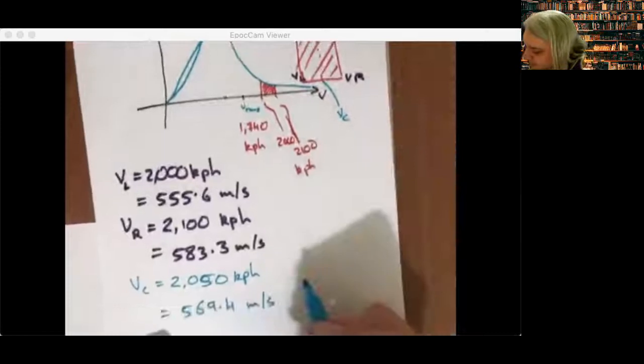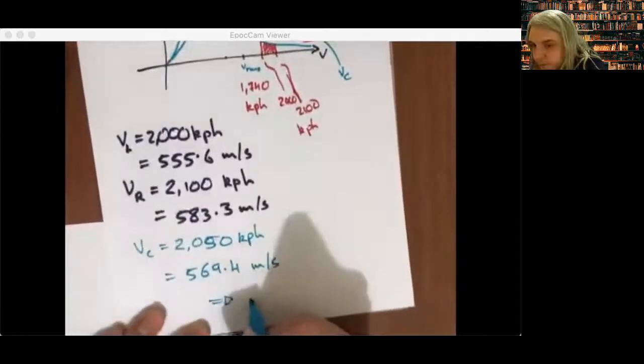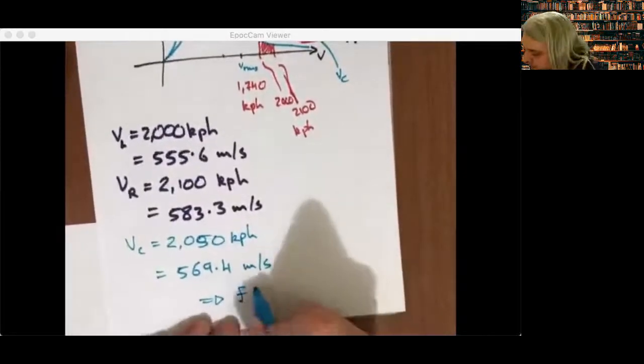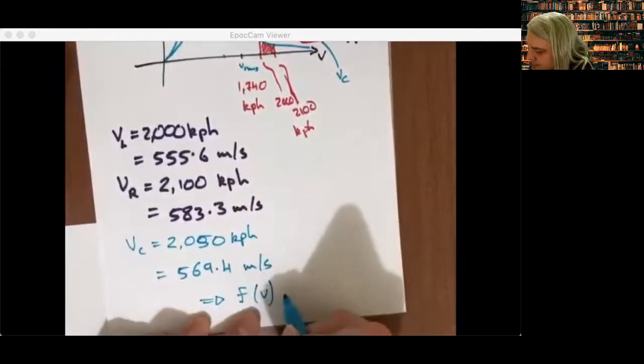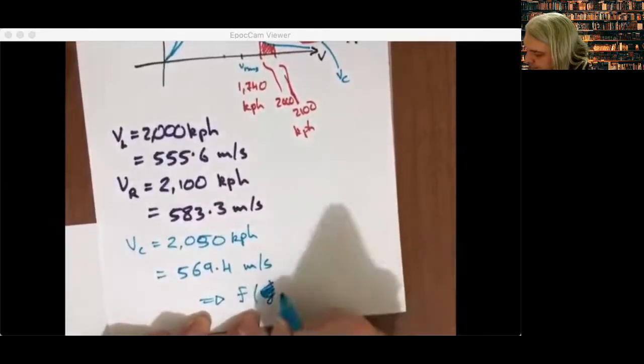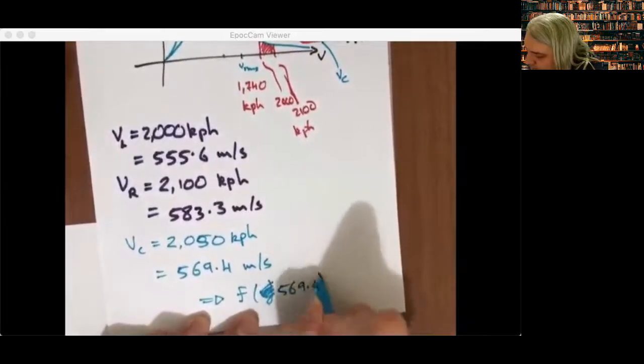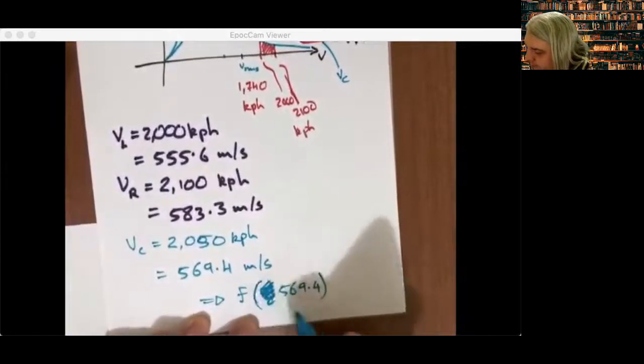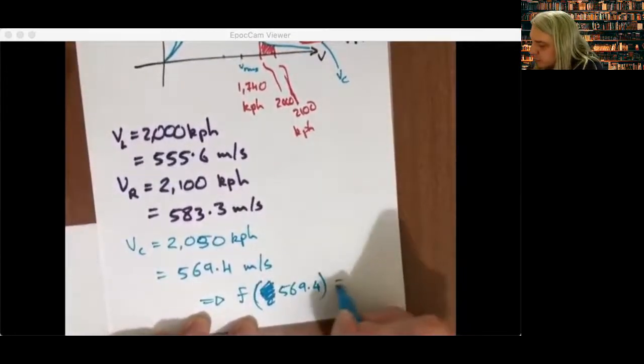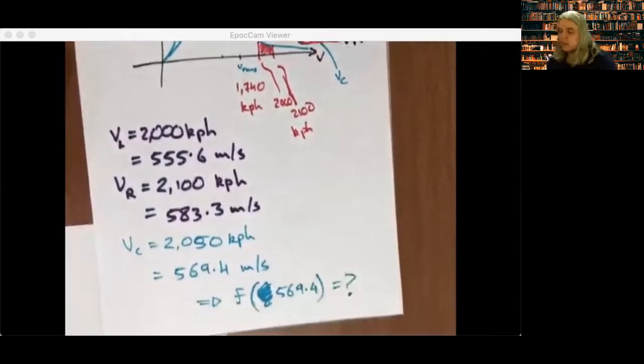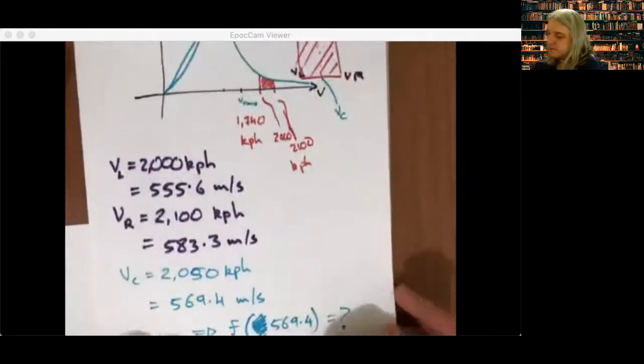So we have to figure out the Maxwell distribution of speed function result for 569.4. So when V is equal to 569.4, what does F of V equal? That's our goal.